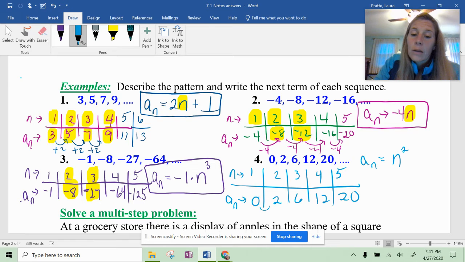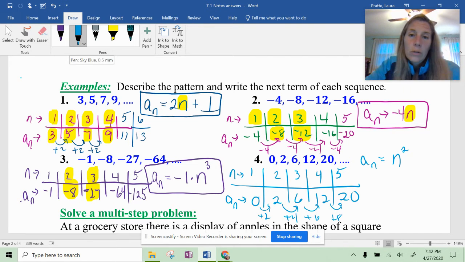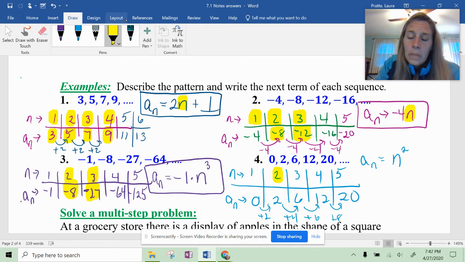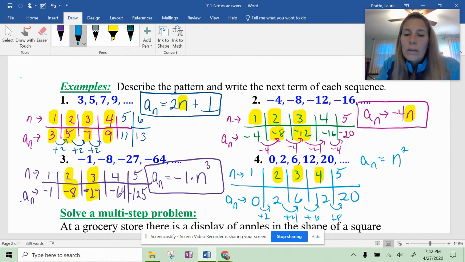When the number you're adding by is increasing by a constant amount, that's usually a clue that there's going to be something squared. So if I take the number squared, if I do 2 squared, I get 4, right? If I do 3 squared, I get 9. If I do 4 squared, I get 16. And that's not giving me the answers I need down here. So let's play around with it and see if there's something we can do that'll work.